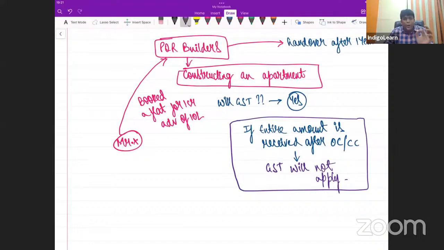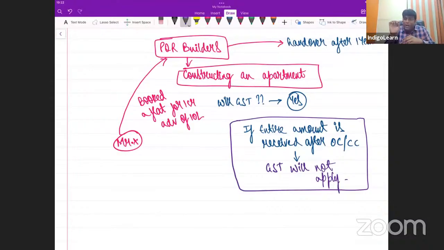Even if 1 rupee also is received prior to occupancy certificate or completion certificate, then definitely GST will apply. GST will not apply only in a case where entire money is received after issuance of completion certificate.